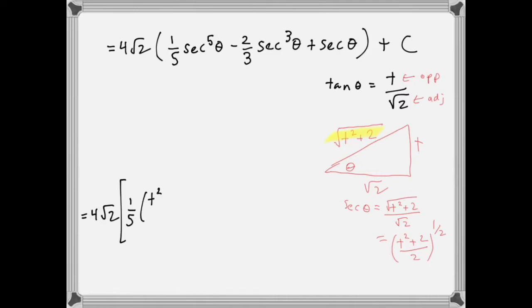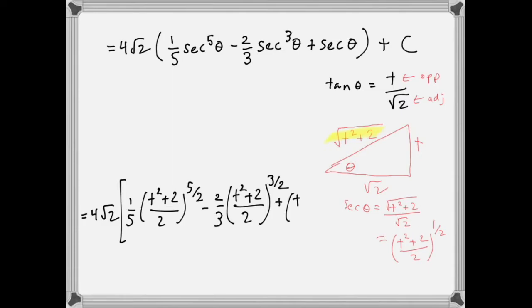So t squared plus 2 over 2 to the 5/2 minus 2/3 times t squared plus 2 over 2 to the 3/2, and then plus t squared plus 2 over 2 to the 1/2 plus c.